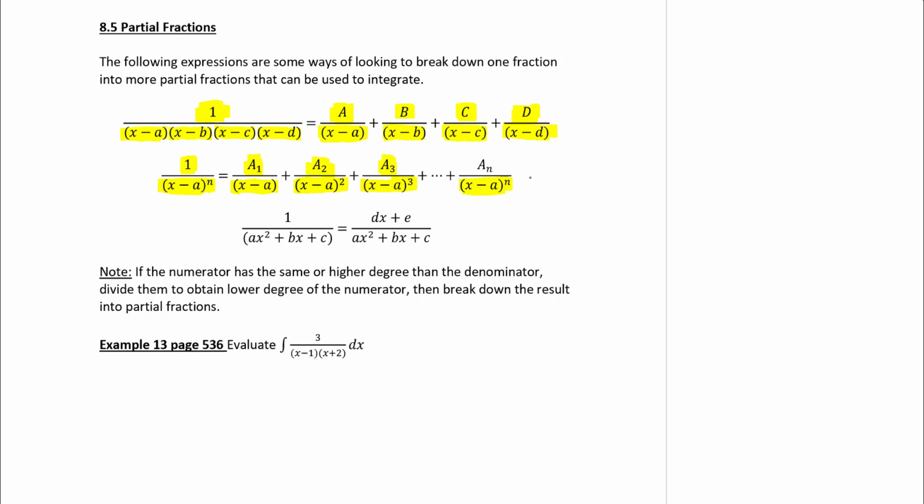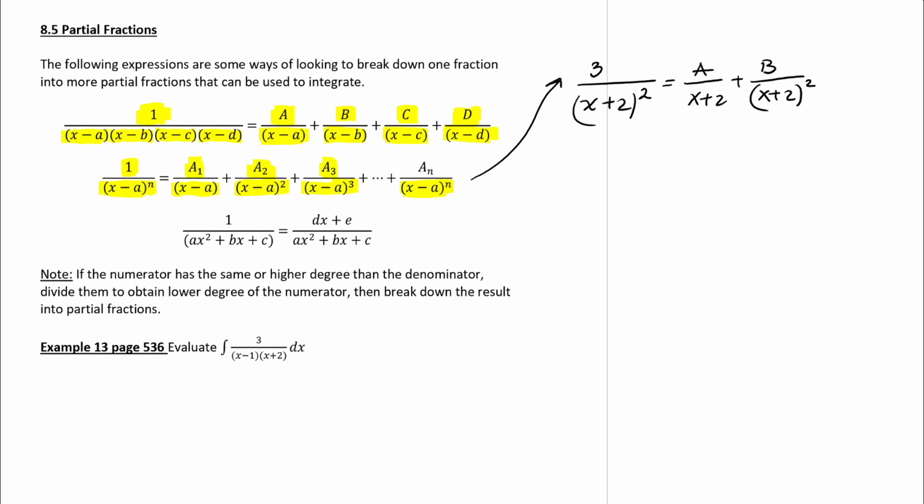To exemplify this one, let's say we have 3 over x plus 2 to the second power, then we would write it a over x plus 2 plus b over x plus 2 to the second. If I had the third power, I would add plus c over x plus 2 to the third, and so on.